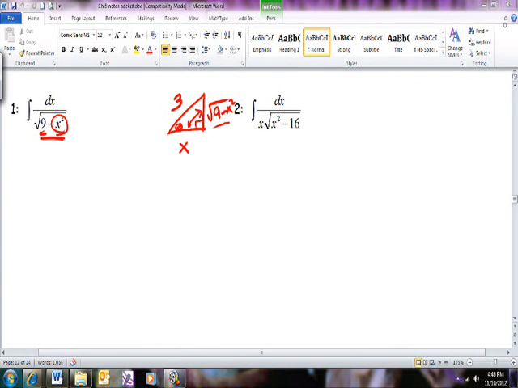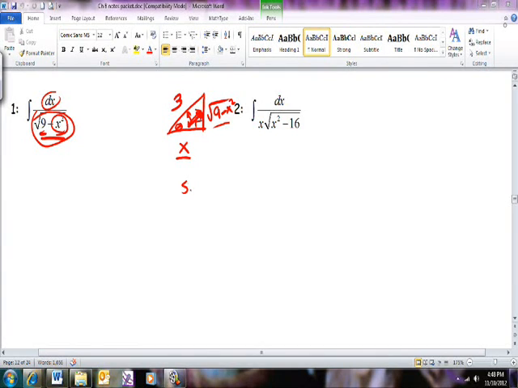Now we just really need to come up with a dx, and we need this square root, and we're going to write them all in terms of theta. Let's find our square root first. When I've got my square root, that's my opposite side. I can either do the opposite over the adjacent, that would be tangent. However, I don't have any x's in the actual problem, so I'd rather do my opposite over my hypotenuse.